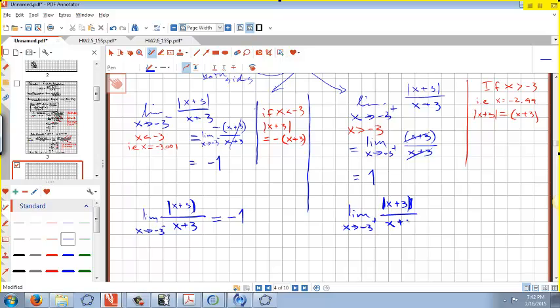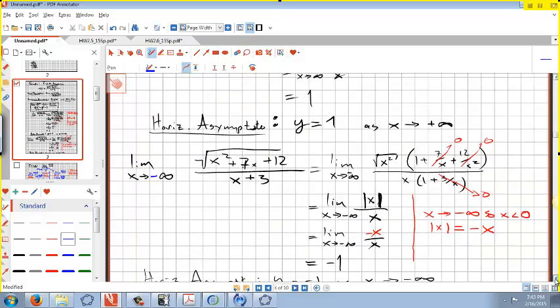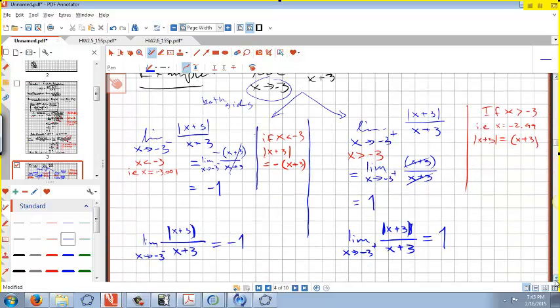So the absolute value thing really is just looking at what you are allowed to replace the absolute value with. You can't always just replace it with itself. And so oftentimes when you have a limit as x goes to a point and it's not a right or left-handed limit, then the limit will not exist.